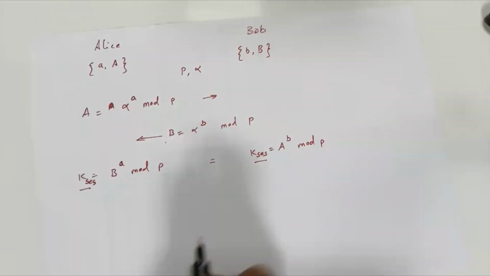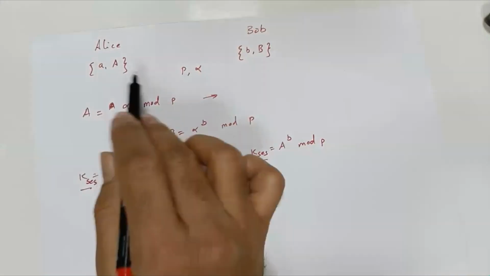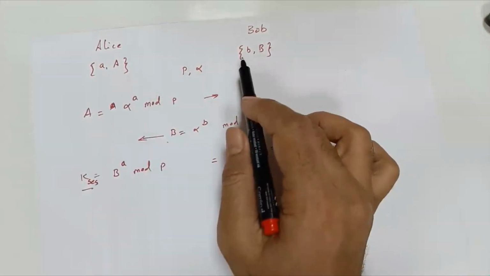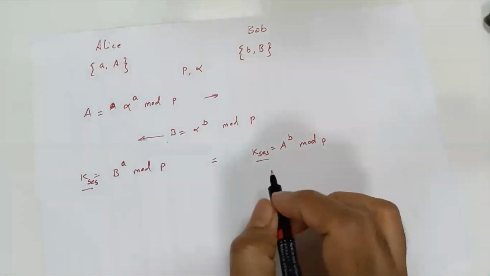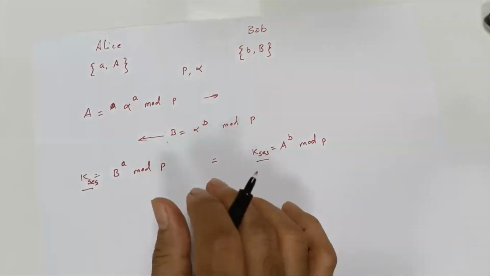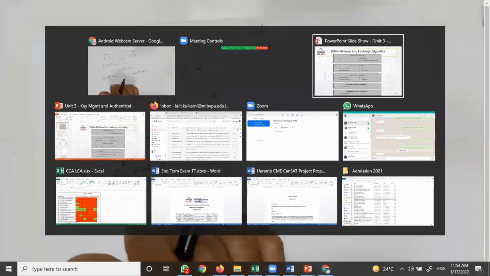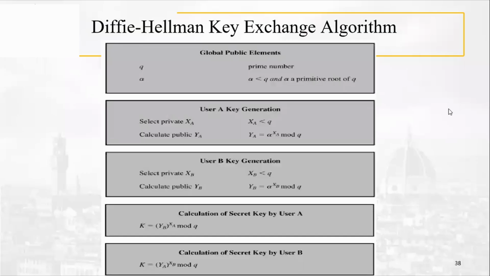Now, the terms which are used here, P, a, small a, capital A, can be referred to in different books as different variables. Let me just give you an idea.